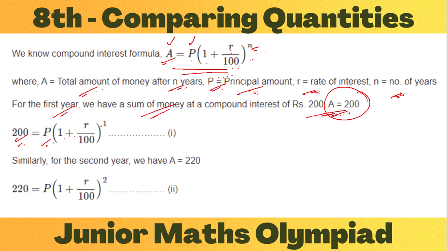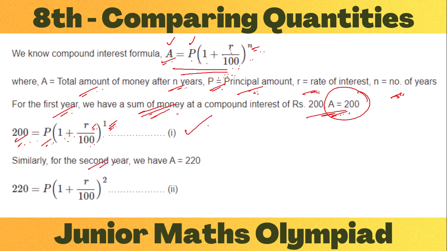We don't know the rate of interest, let's keep R as it is. But at the end of 1 year, they have given, so in the place of N we can take 1. So 200 equal to P into 1 plus R by 100 whole power 1. So this is the first case.